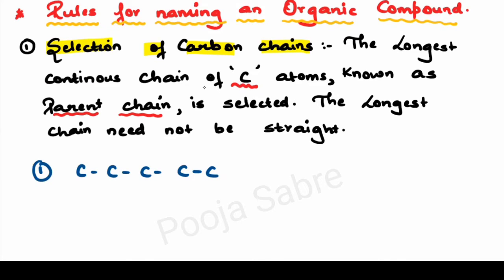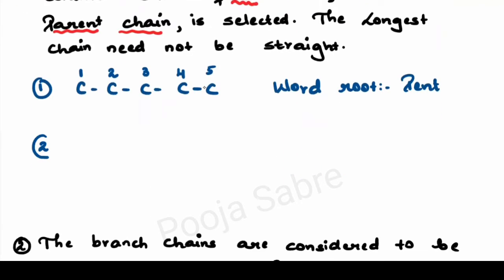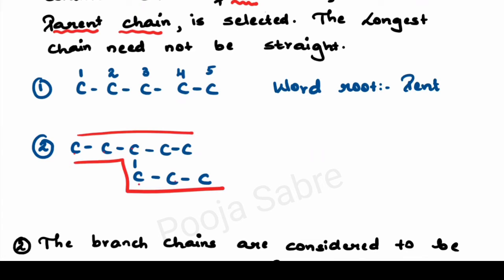Suppose the first compound contains a 5 carbon chain. So we can start the numbering as 1, 2, 3, 4, 5. So this will be my longest chain. Since 5 carbons are present, I'm going to use the word root pent. Clear? Now let us proceed with the second example. In the second example, children, there are two possibilities.